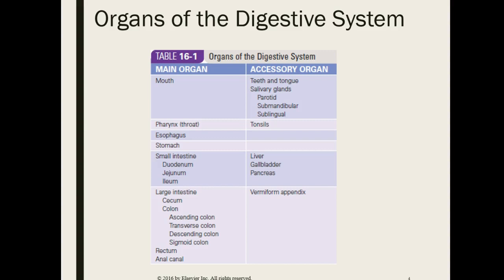This chart is in your book, or this table, and it divides those organs into either main organs or accessory organs. So this one is kind of helpful to differentiate between the two types.